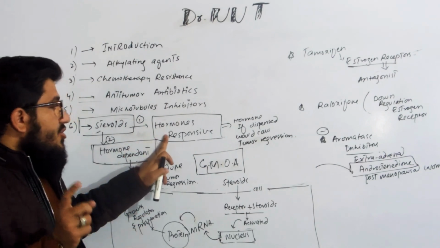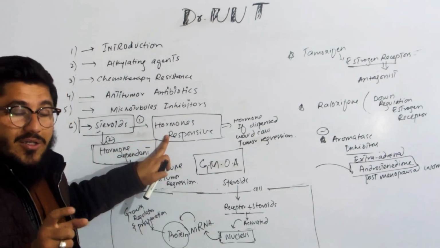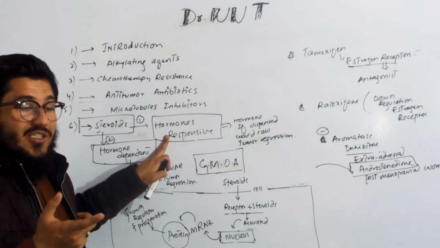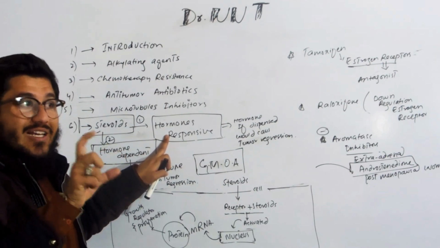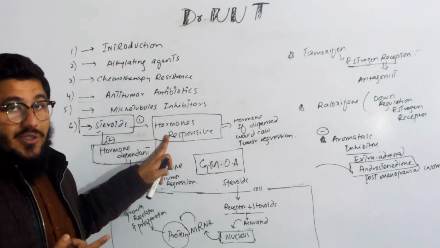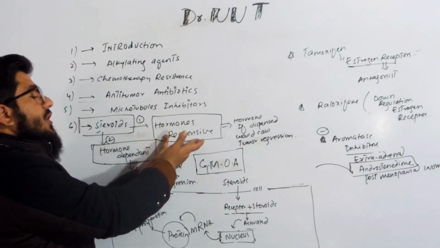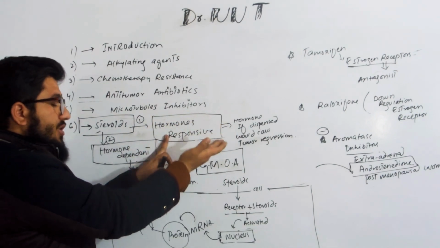In males it is hormone responsive. Why? Because to treat prostate cancer, if we give the patient estrogen, the patient will be treated. For prostate cancer, estrogen causes regression of the cancer.